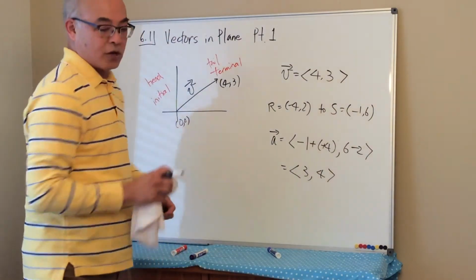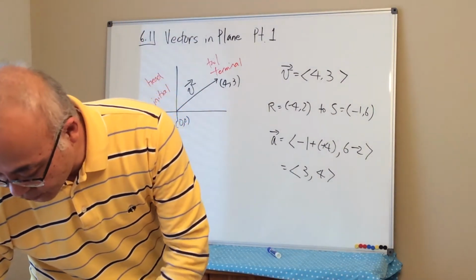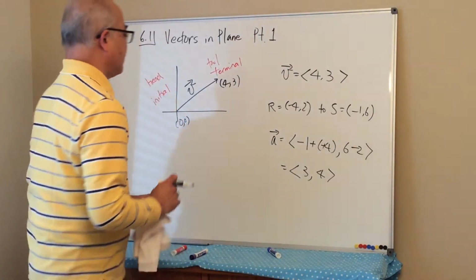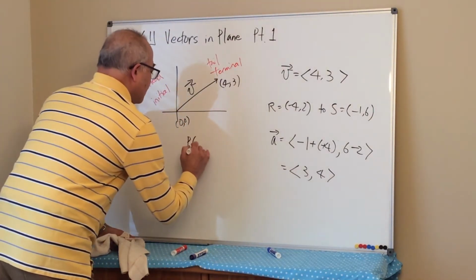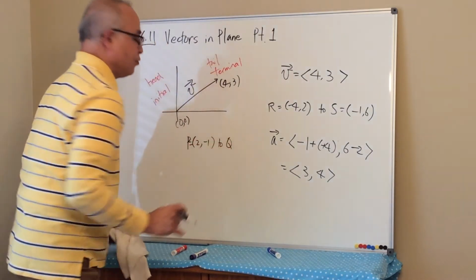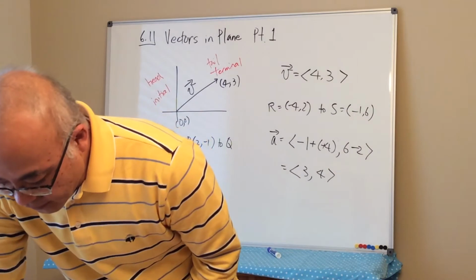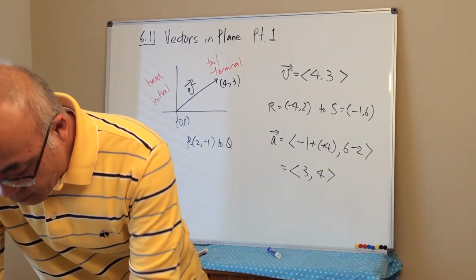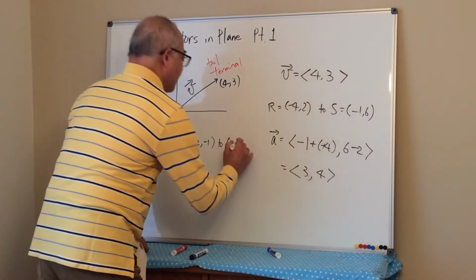And then for the second part, we have a vector that is from p to q, p being 2, 1 and q being 5, 3.